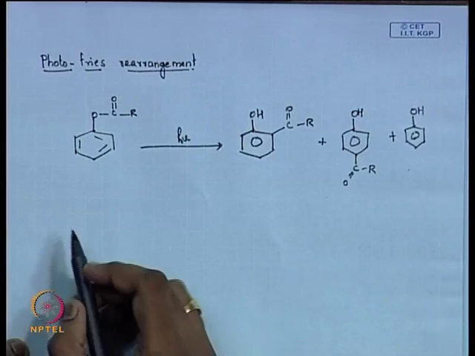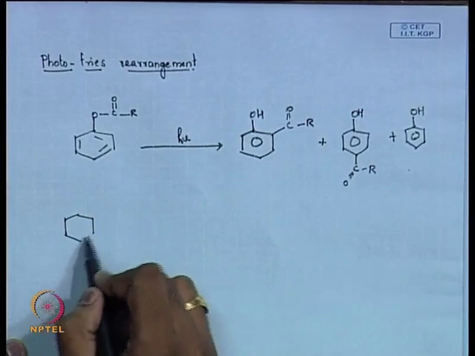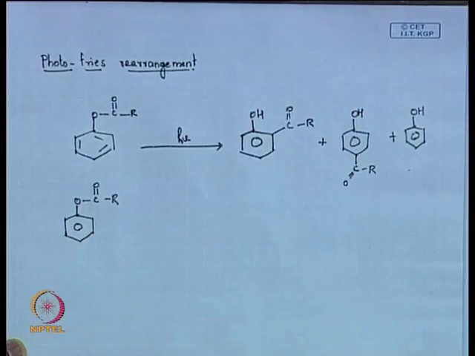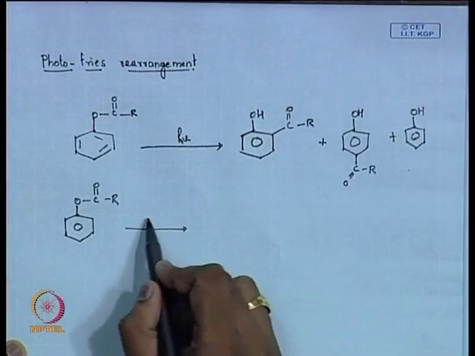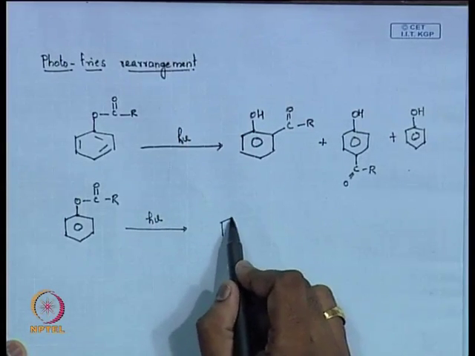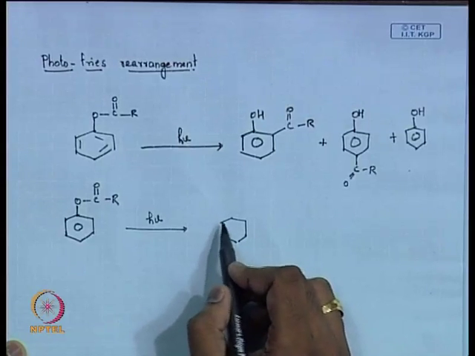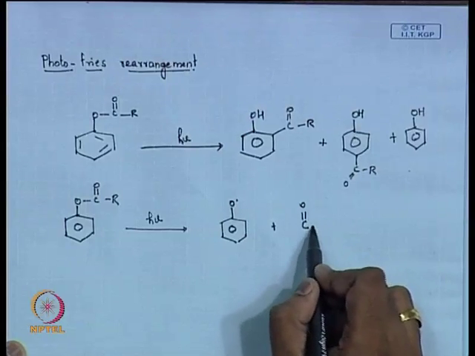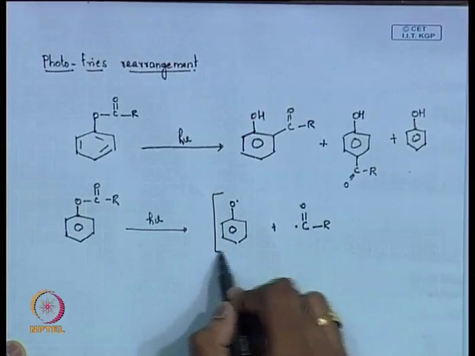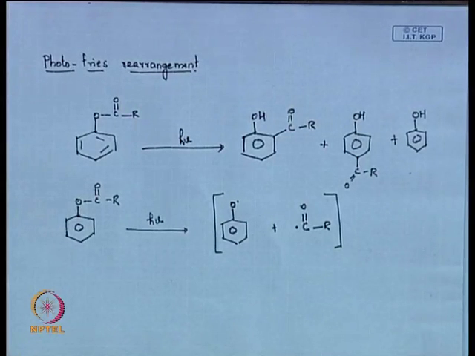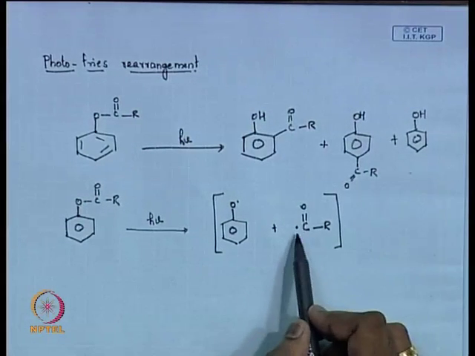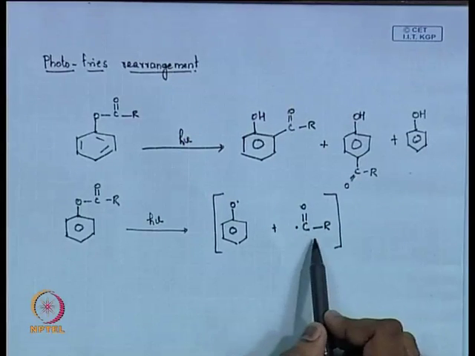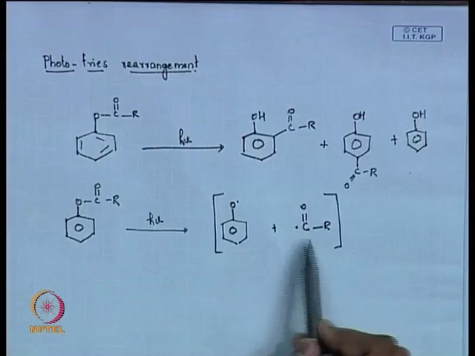Okay. So, how it works is that if you take this and photolyze it, in the regular one you get an acyl carbocation in Fries rearrangement, but in this case you will get free radical chemistry. Now, this is in the solvent case.